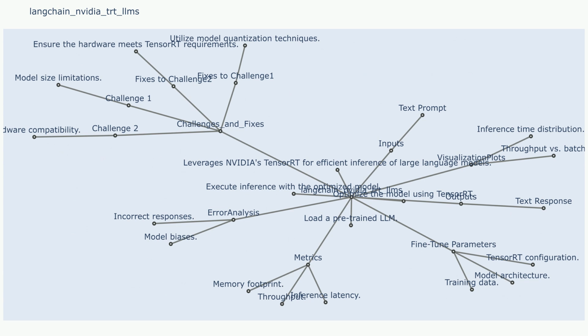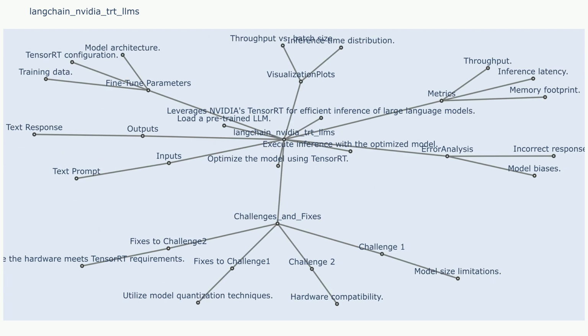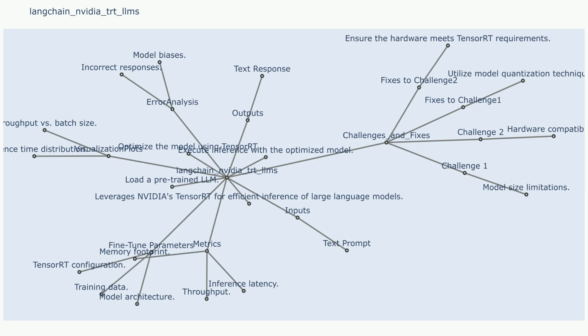TensorRT configuration: settings for TensorRT, including the optimization level, precision (FP16, FP32, INT8), and other parameters to fine-tune the inference pipeline. Outputs: generated text: the output generated by the LLM based on the input text. Inference time: the time taken to execute the inference process.